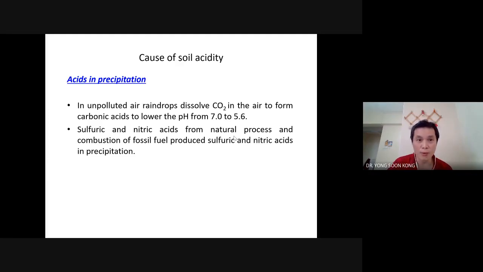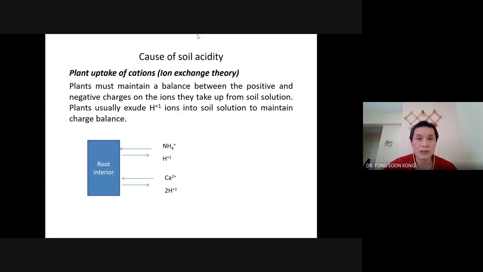And therefore, when precipitation comes down, it brings all this acidity back to the soil, and therefore the soil, for example, in PJ alone, maybe even Shah Alam also, the soil pH, if you say 4.5, that's quite normal. That's quite average, actually.